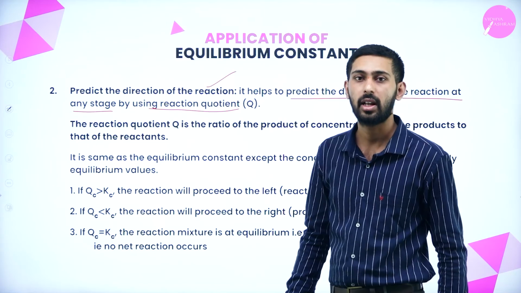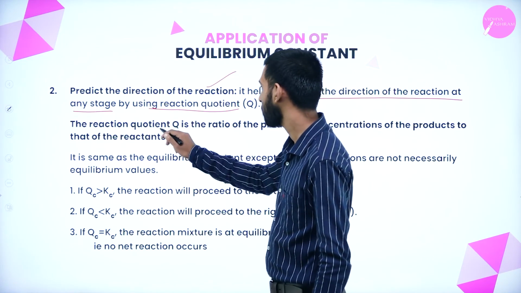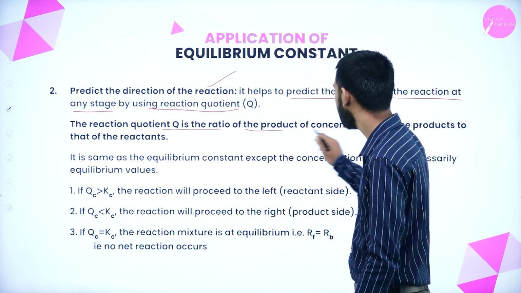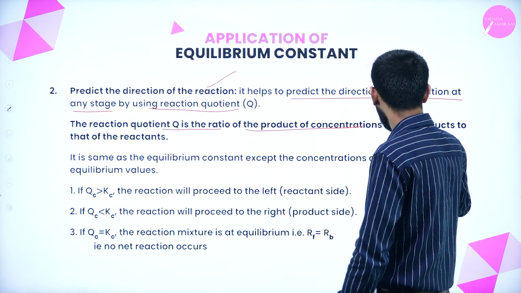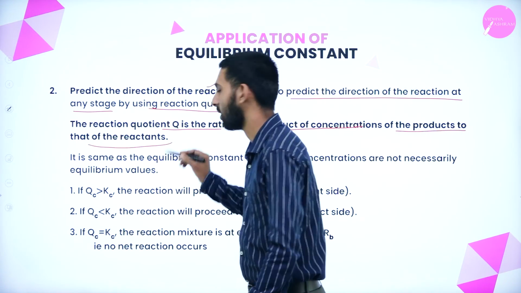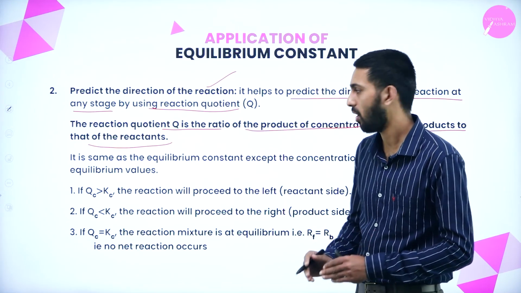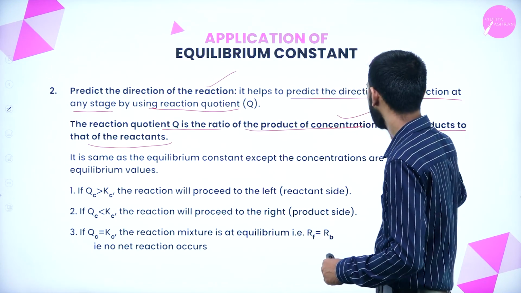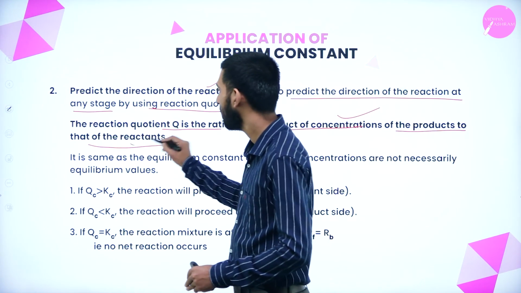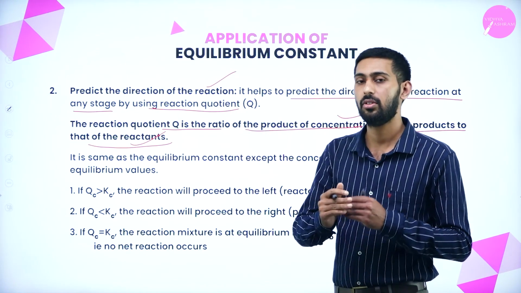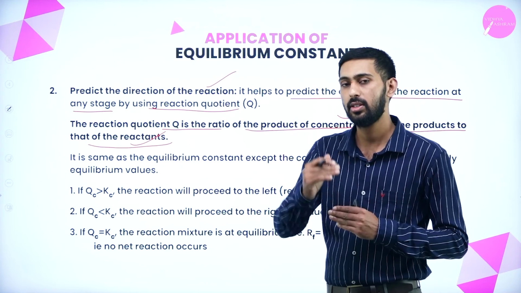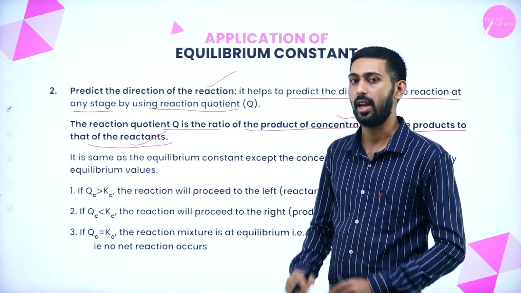The reaction quotient is the ratio of the concentration of the products to the concentration of the reactants. The quotient is found from the concentration of products as well as the concentration of reactants.